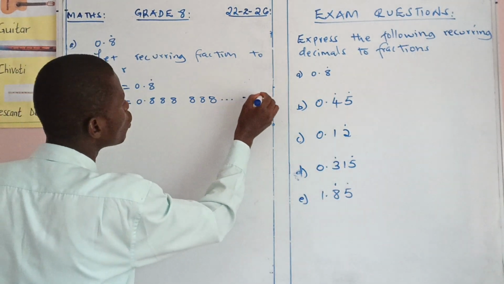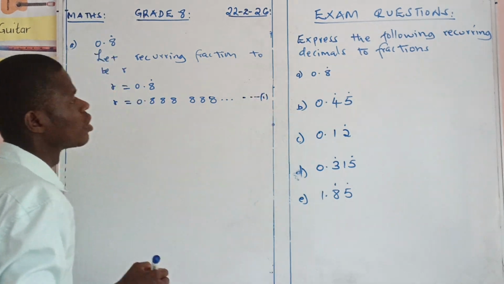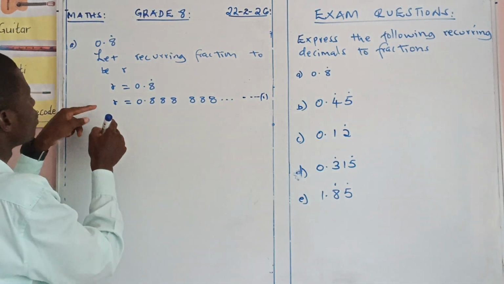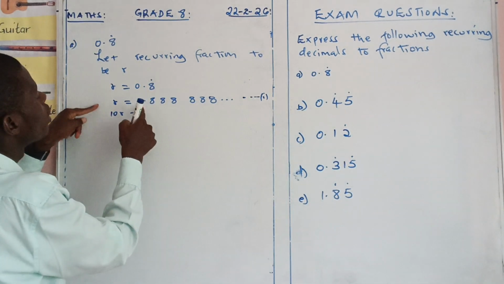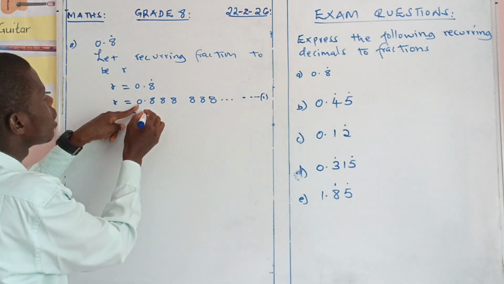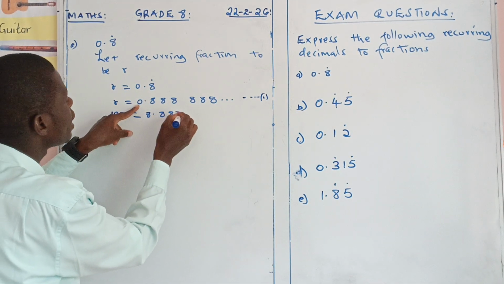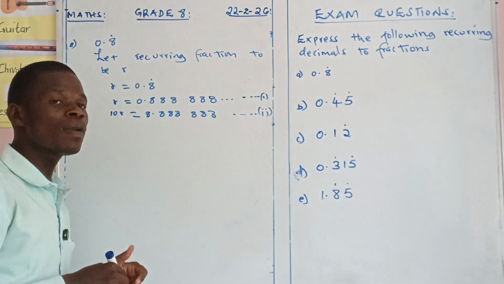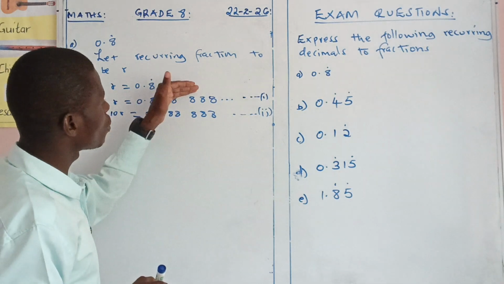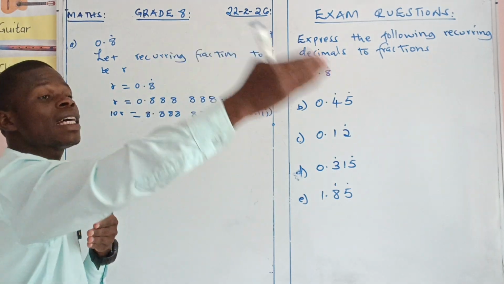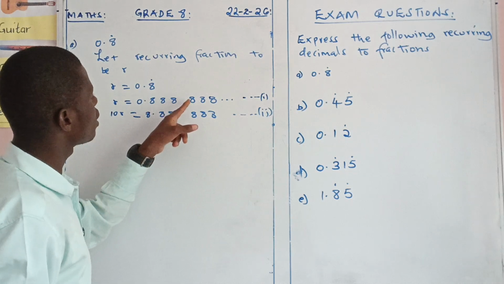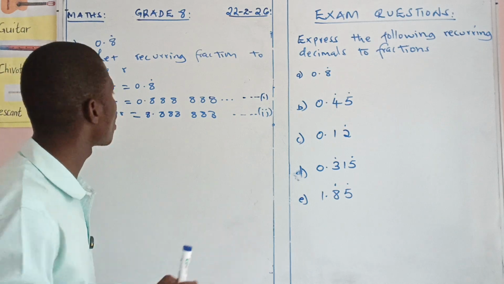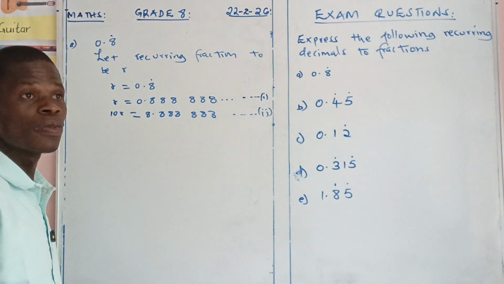So this is our equation 1. To get equation 2, we multiply equation 1 by 10. What are we going to have? 10R is equal to 8.888888, as the decimal point moves one place. This is now our second equation. Checking the two equations, the right-hand sides have the same recurring digits, so if we subtract, the difference will be 0.